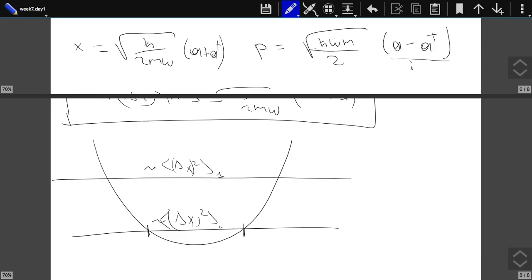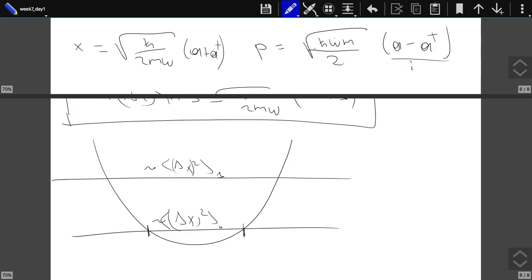You see, the uncertainty in energy increases as the energy of the oscillator increases. Again, keep in mind what this uncertainty is. That is basically if you measure the position of your particle, you create multiple systems, you measure their position, so their positions will have a spread. Well, the energy eigenkets are spread all around.